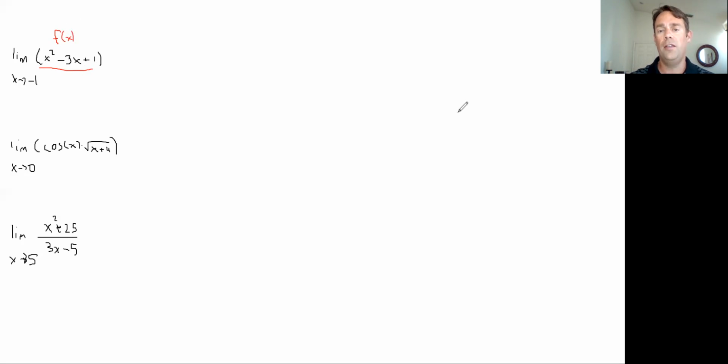So it's like saying, given the function f of x equals x squared minus 3x plus 1, what we're really being asked here is, instead of x, we're going to plug in -1. We're asking ourselves, how do you evaluate that function when x is -1? That's really what's going on here.